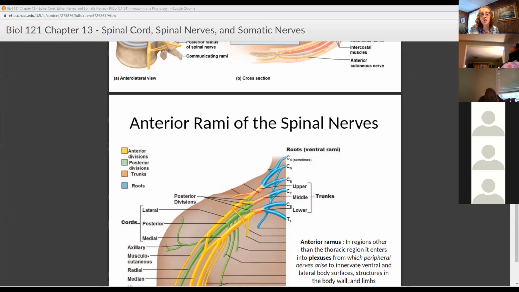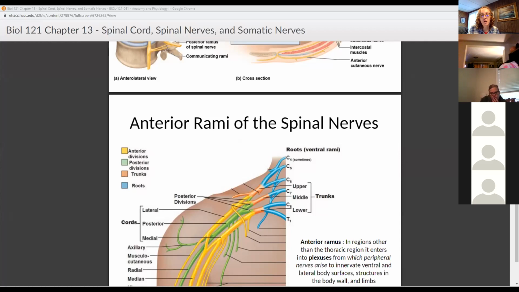So this is the anterior side of this cross section. Here's the anterior rami. Here's the posterior rami. It's the white matter, the gray matter. Here's the epidural space.